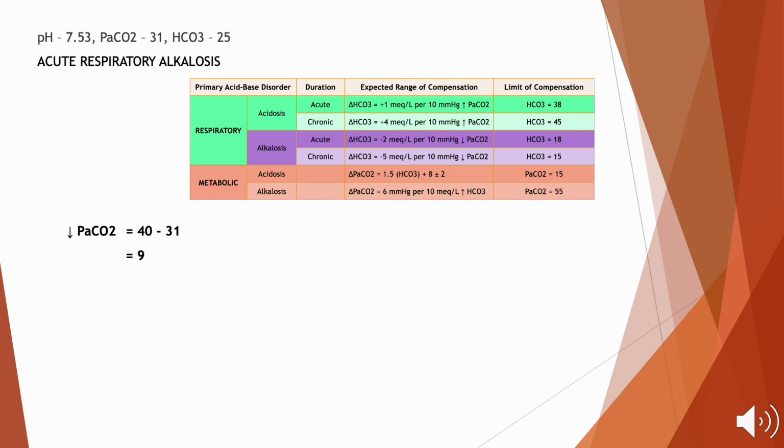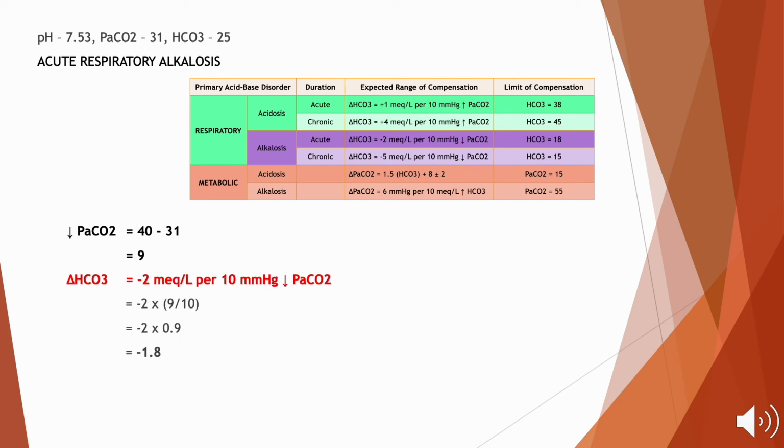In this case of acute respiratory alkalosis, we want to know how much decrease in the partial pressure of carbon dioxide is present. So we write the formula 40 minus 31. 40 is the mean and midpoint of the normal partial pressure of carbon dioxide, which is 35 to 45, and 31 is the partial pressure of carbon dioxide in the ABG. This will give us 9.